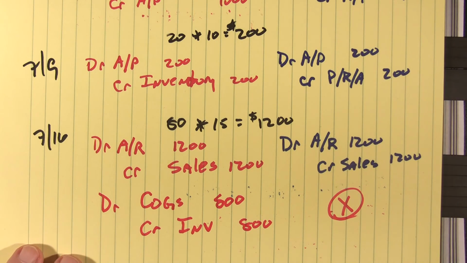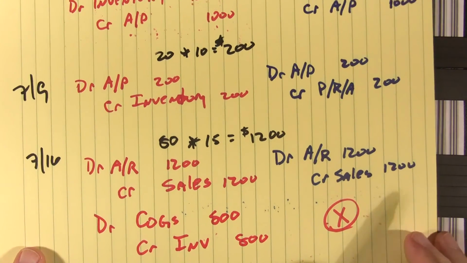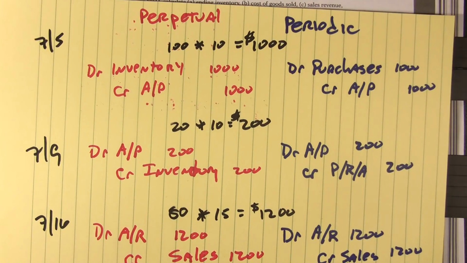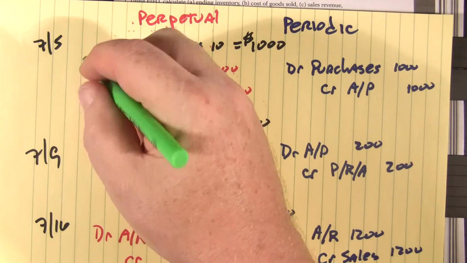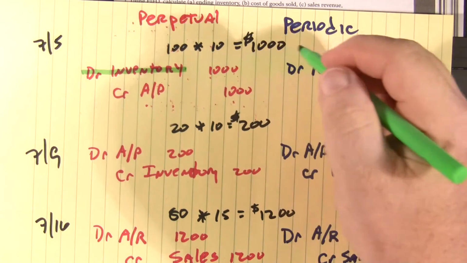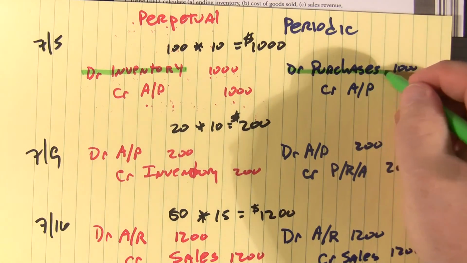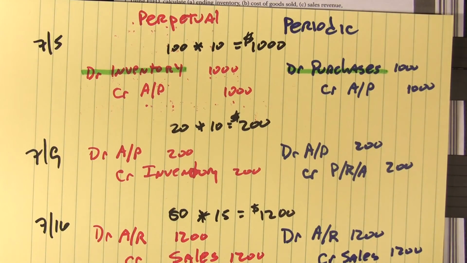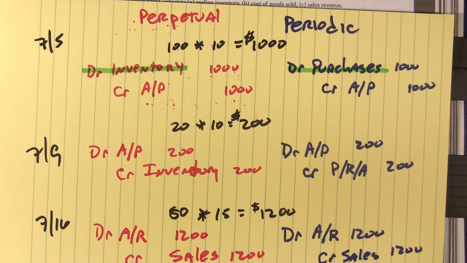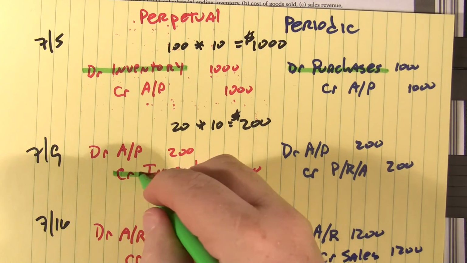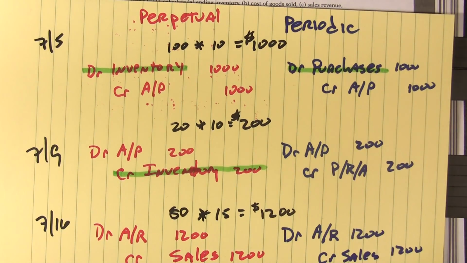So let's go through and point out the things that are different between the perpetual and periodic method. Well, when you purchase it, the titles are different. One goes into the purchases account, one goes into the inventory account. When you send goods back, in the perpetual method, you credit the inventory directly.